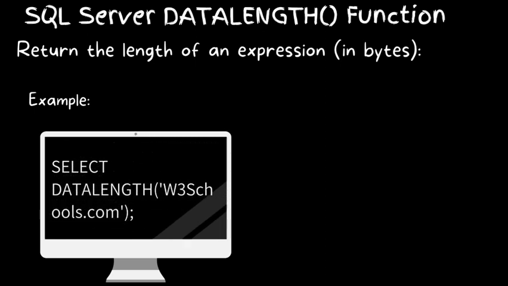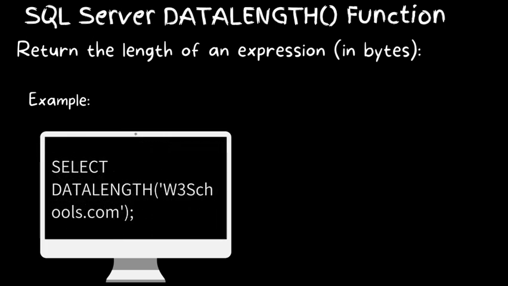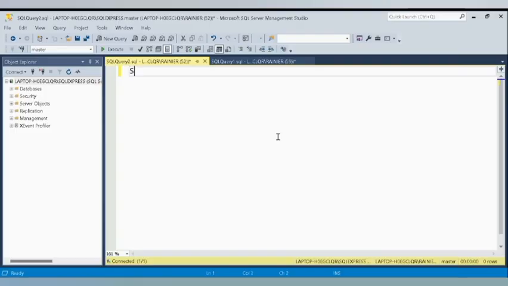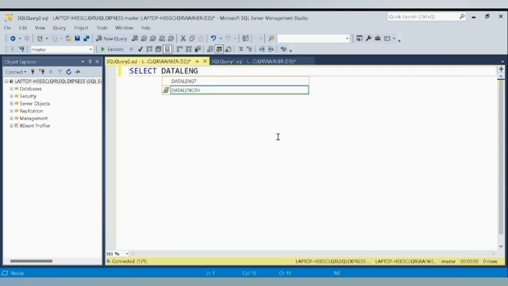For an example, the return on the length of an expression in bytes: select DATALENGTH('w3schools.com'); semicolon. Select DATALENGTH, open parenthesis, single quote, w3schools.com, then close parenthesis, then execute.